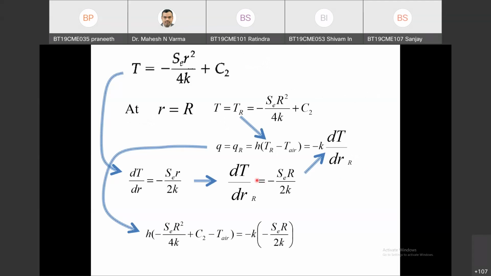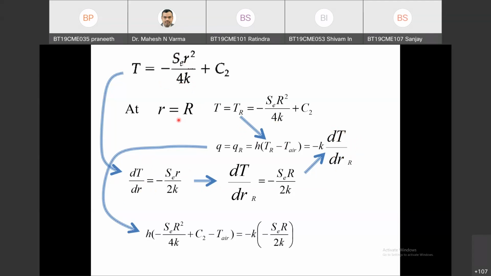No, here we are estimating dT by dr at R equals capital R. This temperature profile is true for R equals 0 to R equals capital R. Yes, sir. But we are at R equal to capital R, considering the temperature at R and air, right?